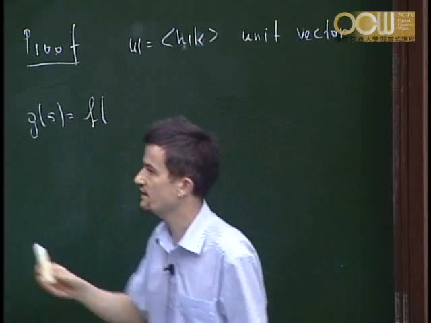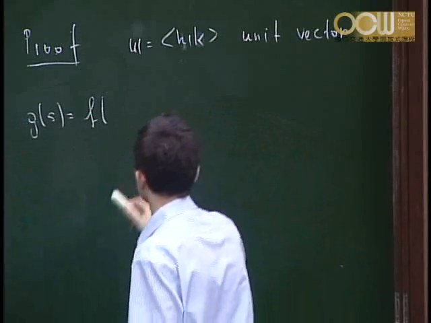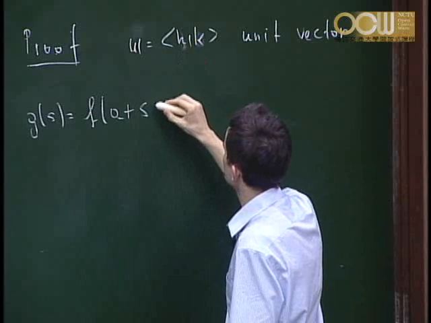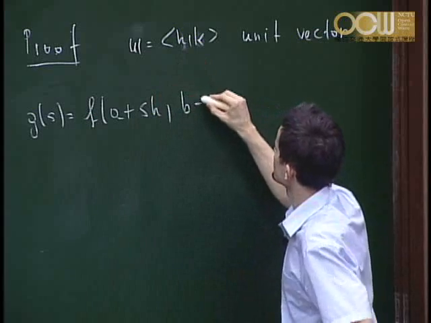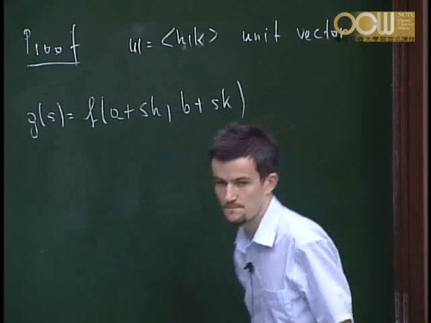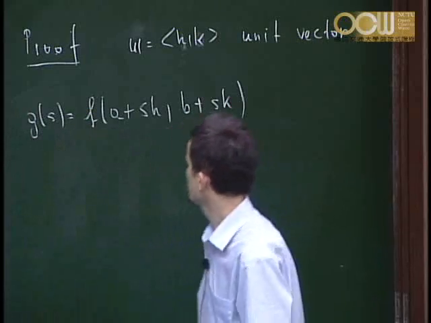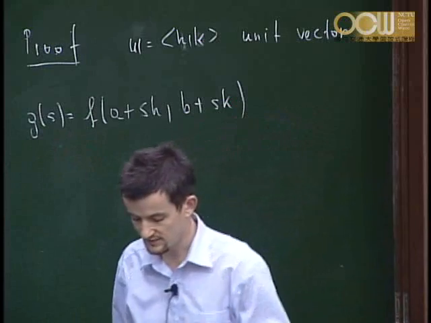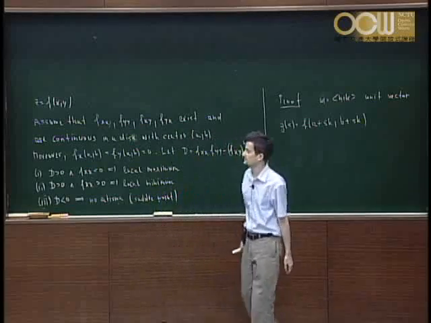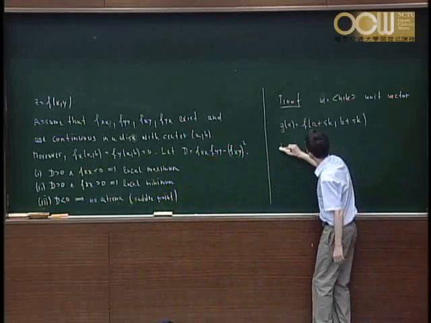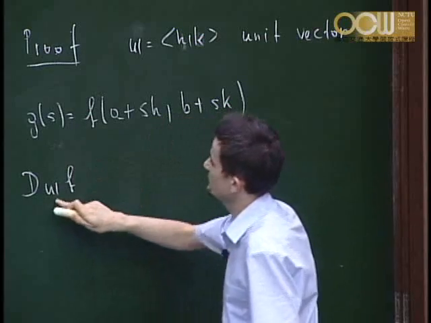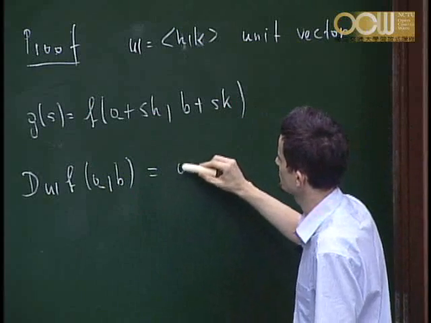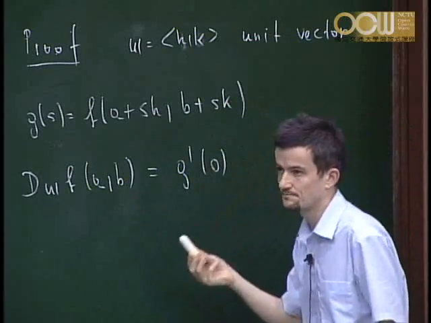So you leave (a, b) in a special direction, the direction given by this unit vector. If we take the first derivative of g with respect to s, and then plug in s equal to 0, what we get is the directional derivative of f in direction of u at the point (a, b). So this is the derivative of g at 0.